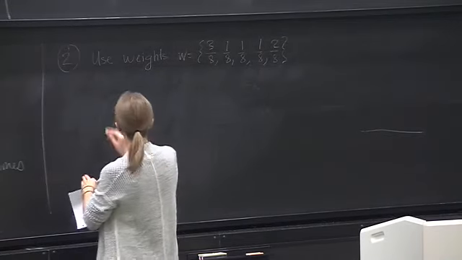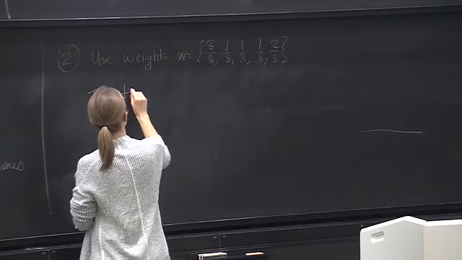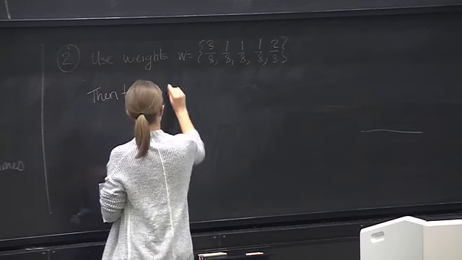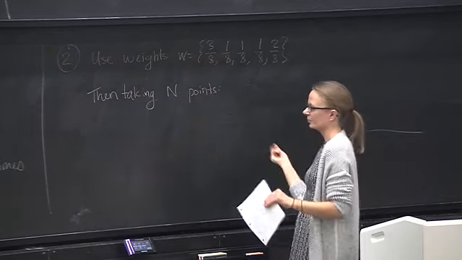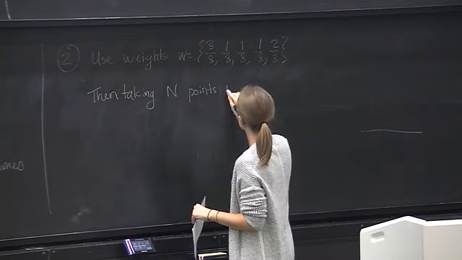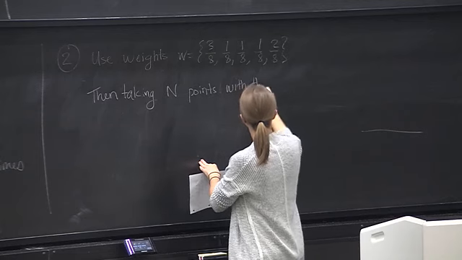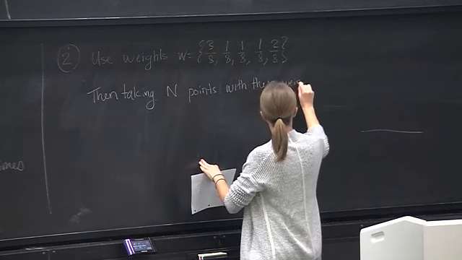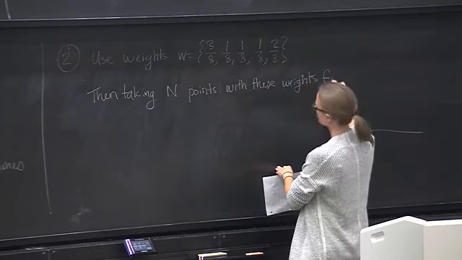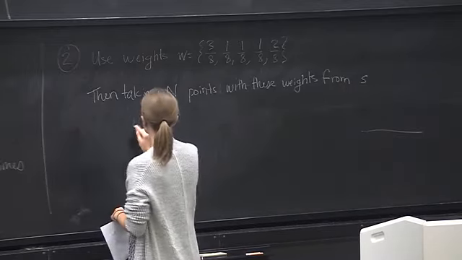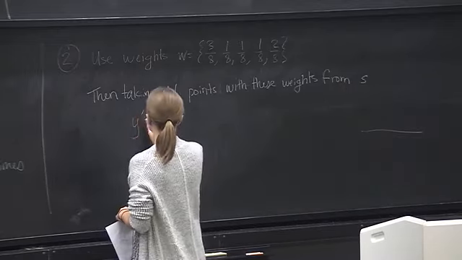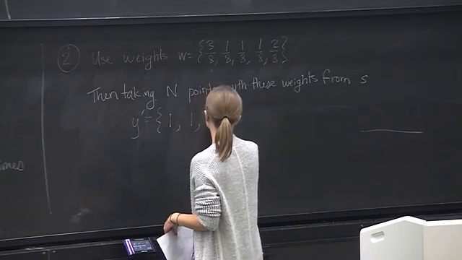Then when I take n points from S with these weights, I'm going to get 1 way more often, because I'm weighting it more and choosing it more often.